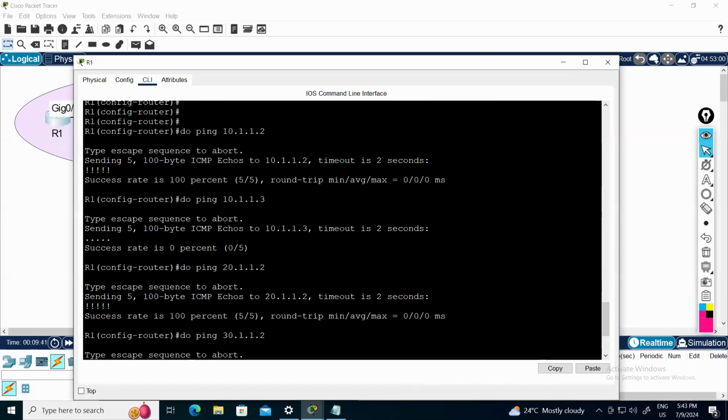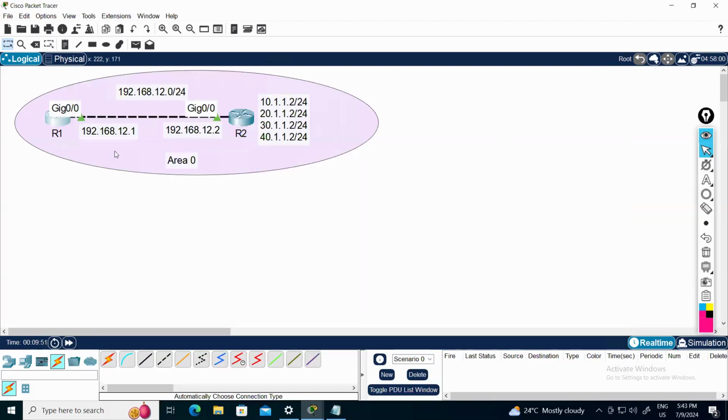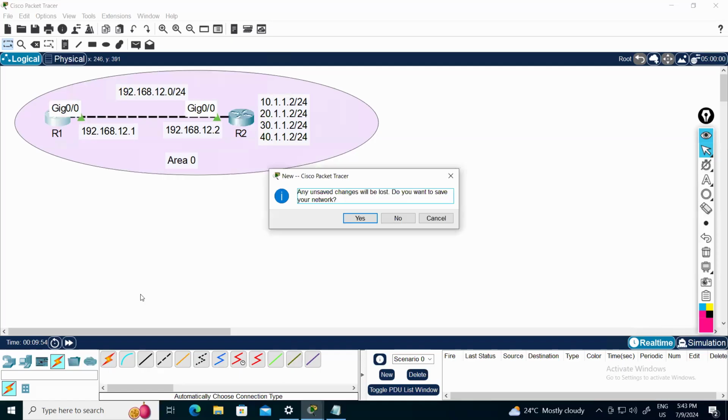Okay. This is how your OSPF configuration is done. This is clear. Now let's talk about the DR and BDR concept. What is the DR and BDR concept? Guys, online people, any doubts so far? No, sir.